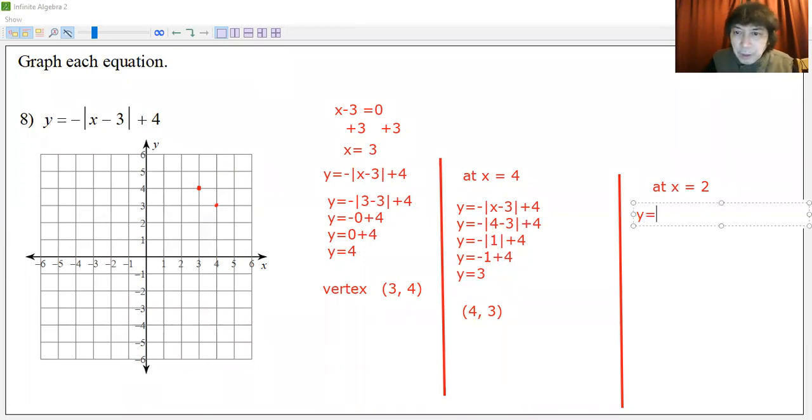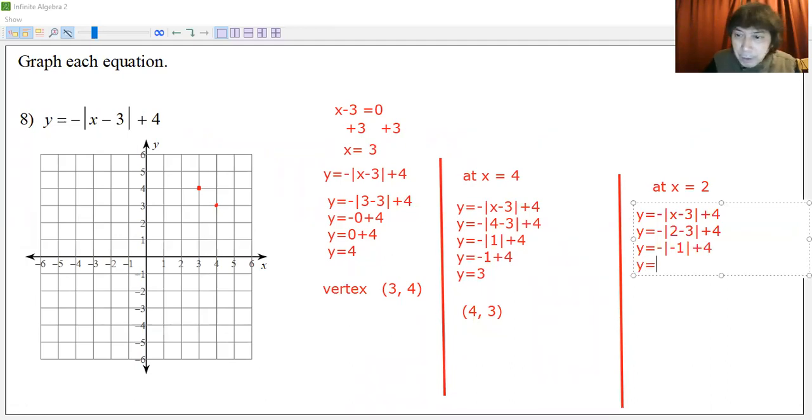All right, let's continue with our third point using x equals 2. Our equation is still y is equal to negative absolute of x minus 3 plus 4. So this is y is equal to negative of absolute of, this time our x is 2, minus 3, plus 4. And this results to y is equal to negative of absolute of negative 1 there, plus 4.